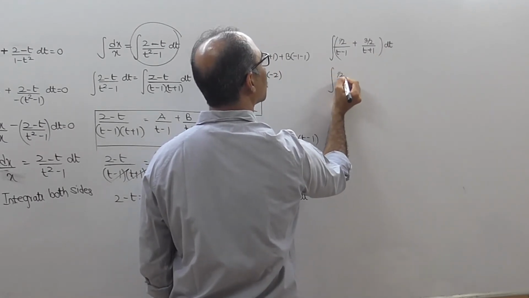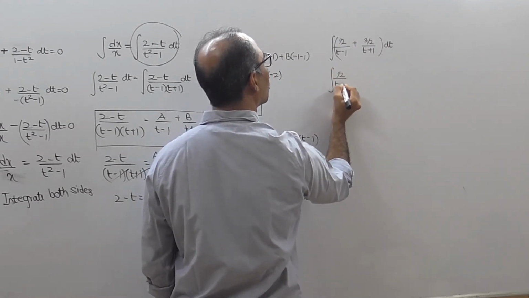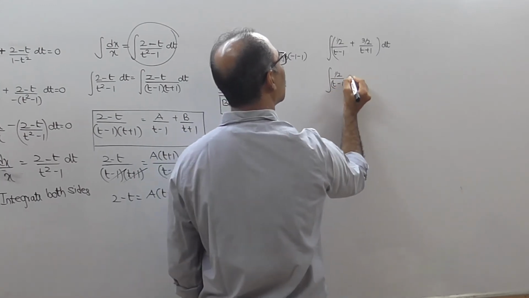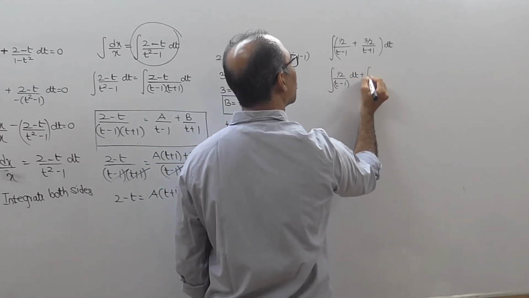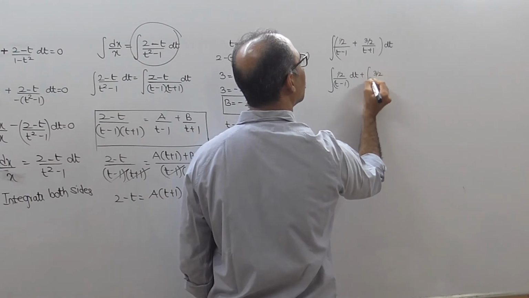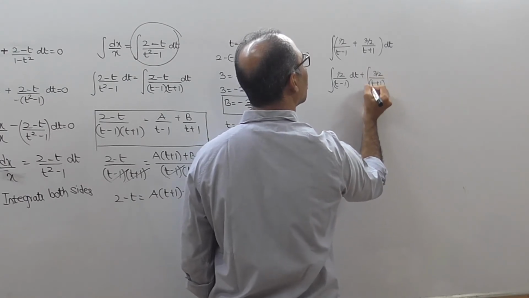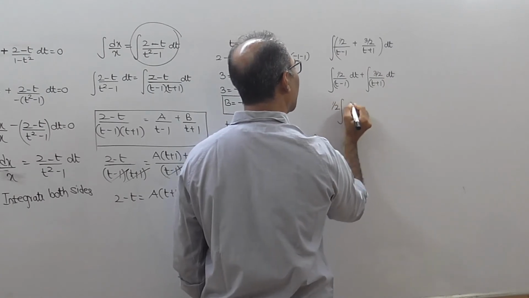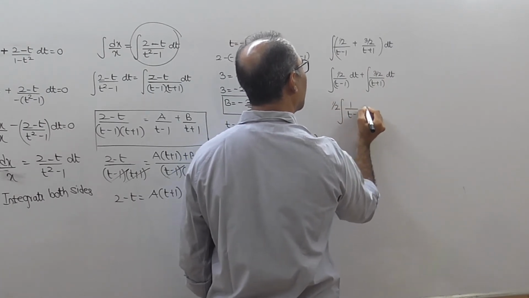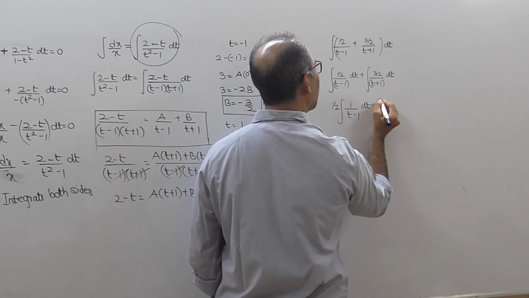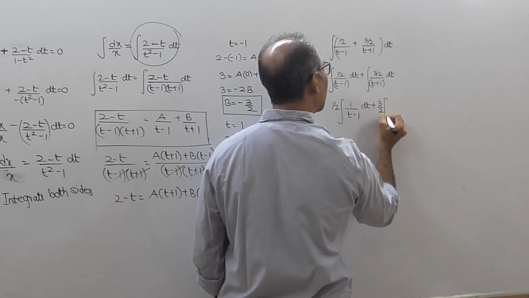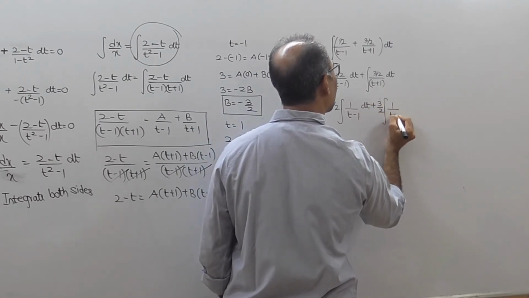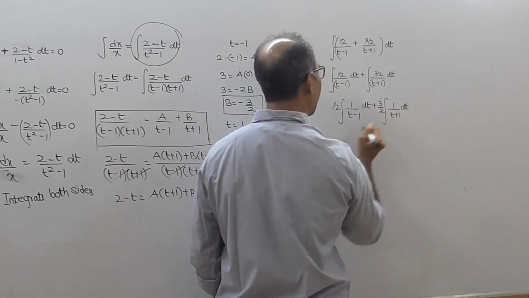So this becomes half integration 1 upon t minus 1 dt plus integration 3 by 2 upon t plus 1 dt, half outside, integration 1 upon t minus 1 dt, 3 by 2 outside, integration 1 upon t plus 1 dt.